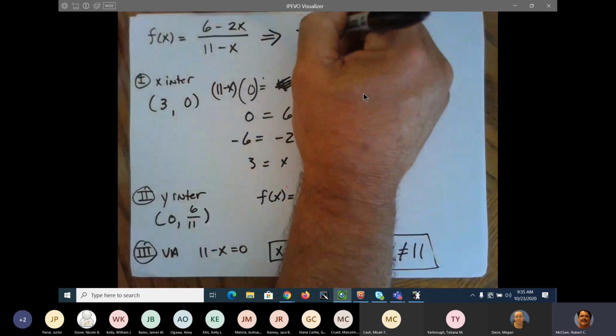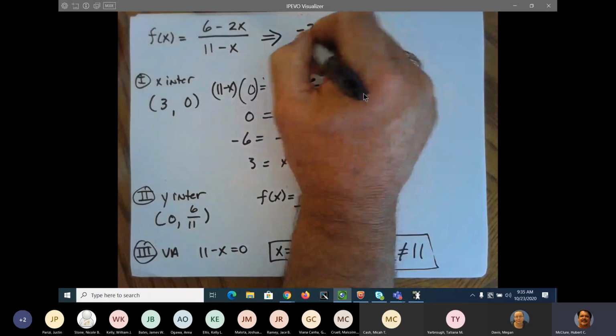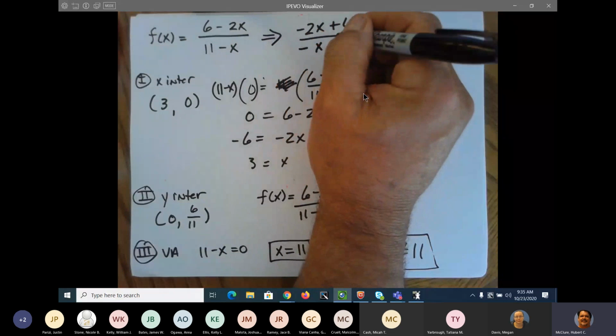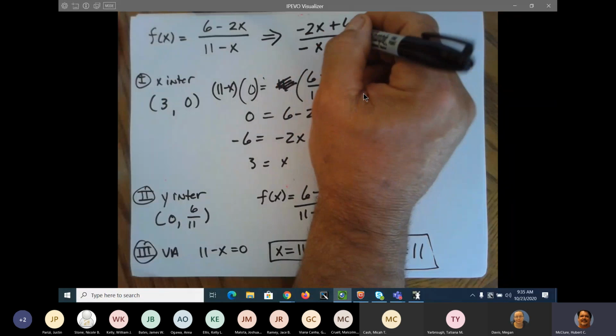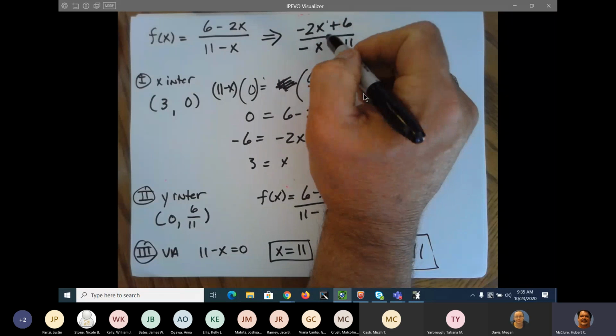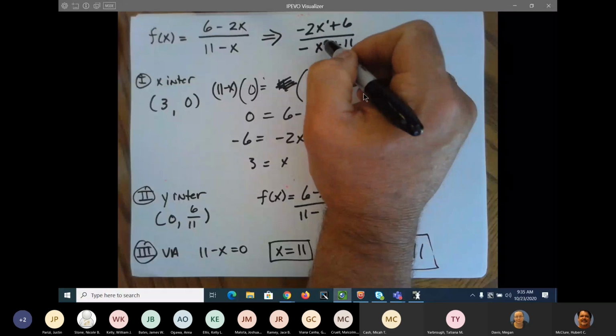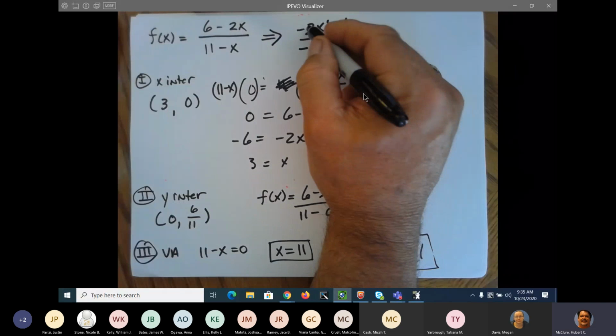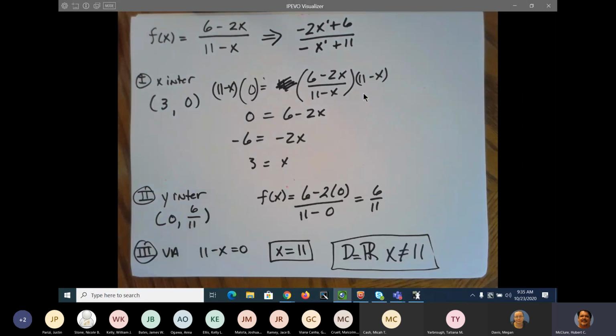Negative 2x plus 6 over negative x plus 11. The degrees are the same, so I'm going to take the coefficients. I'm going to highlight the coefficients.